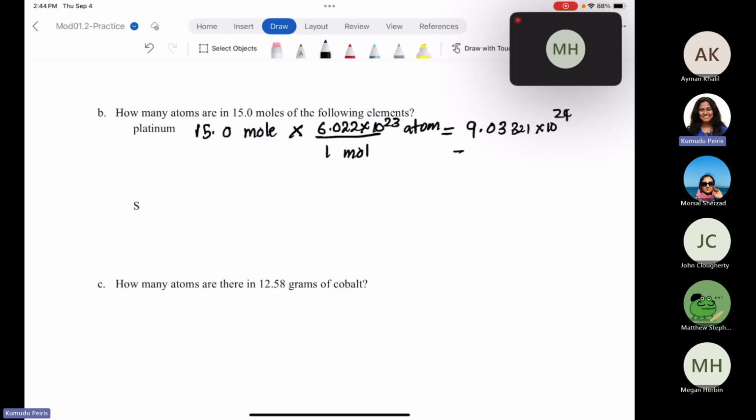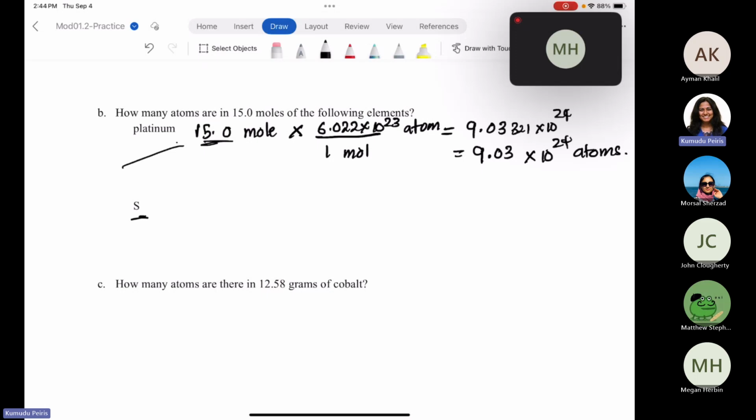So we'll round it to the third significant figure, that will be 9.03 times 10 to the 24th atoms.